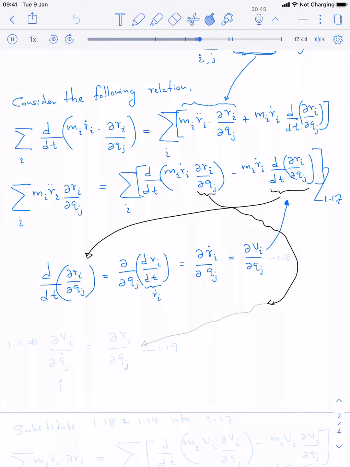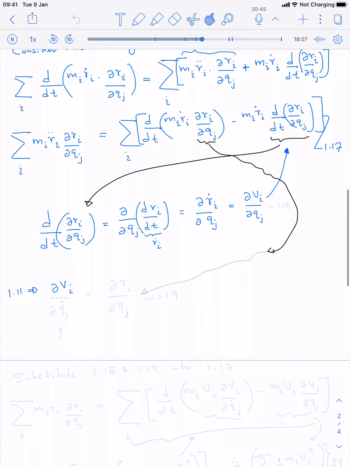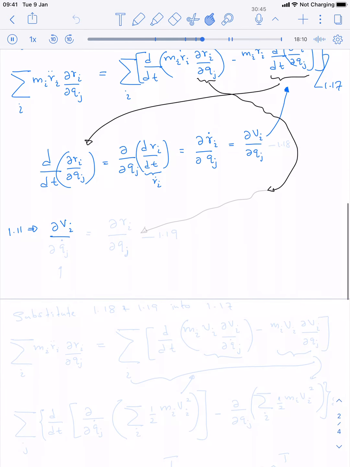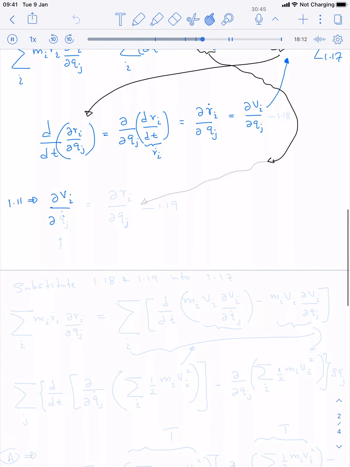Let me differentiate this 1.11, the expression for Vi, with respect to Qj dot. So let's see what I get.